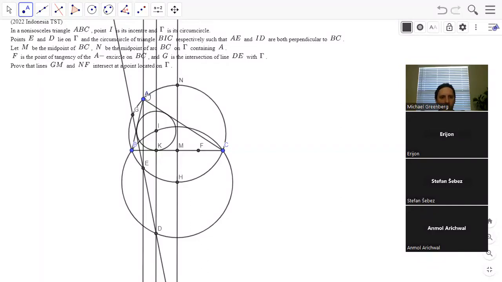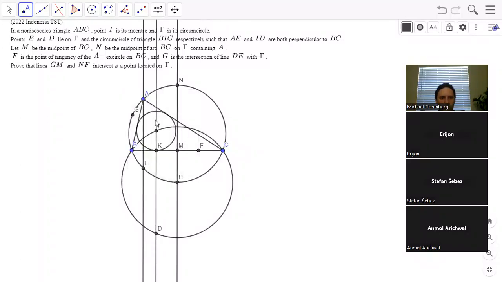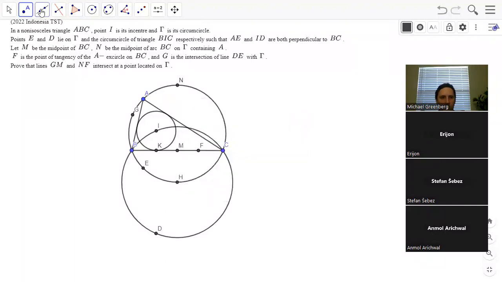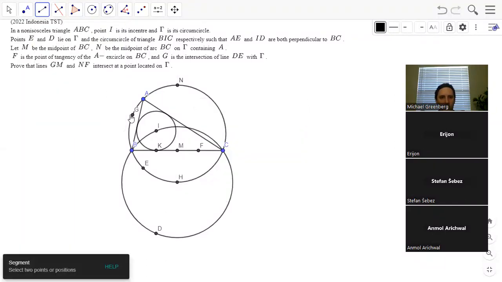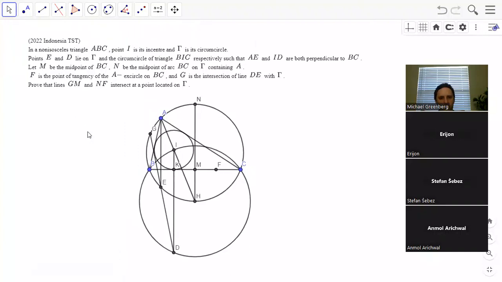That'll be H. And I think I have enough to do this. Okay. That looks good.